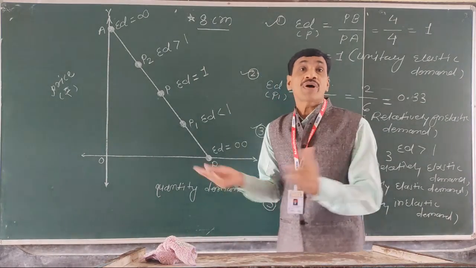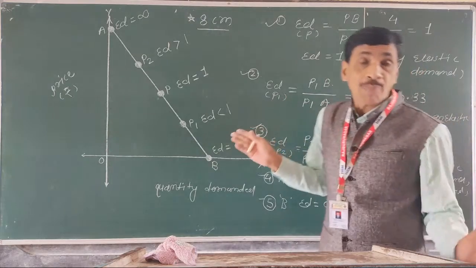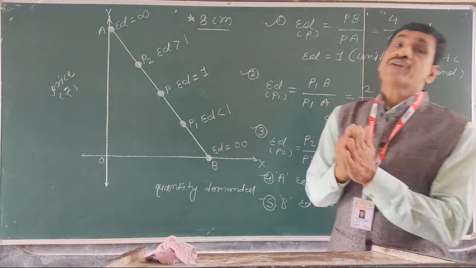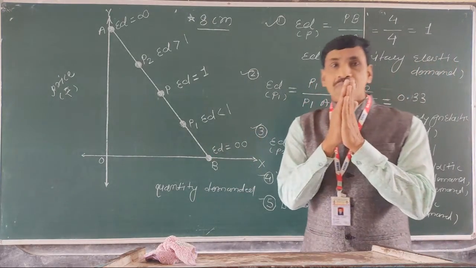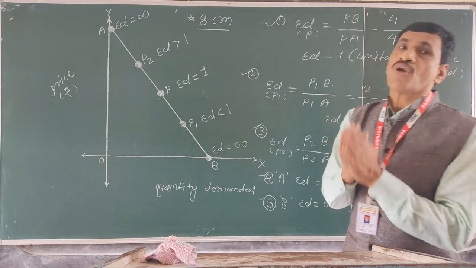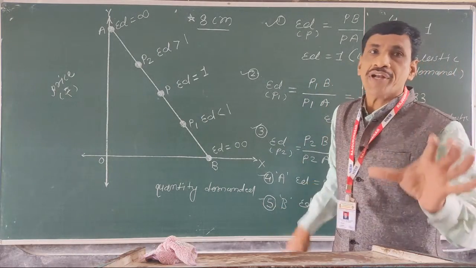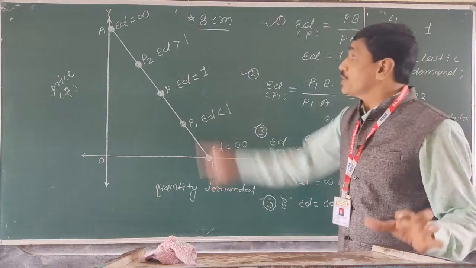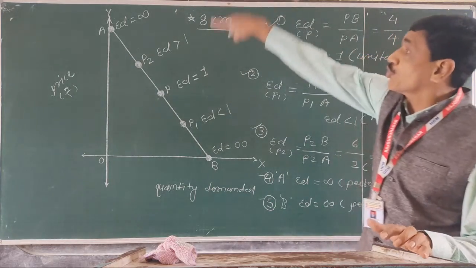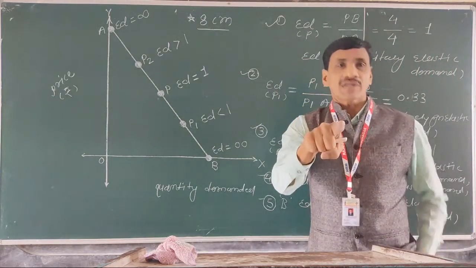So we have covered the 5 types of price elasticity of demand, and how to measure the elasticity of demand at each and every point on the demand curve. AB is the demand curve, called the linear demand curve.